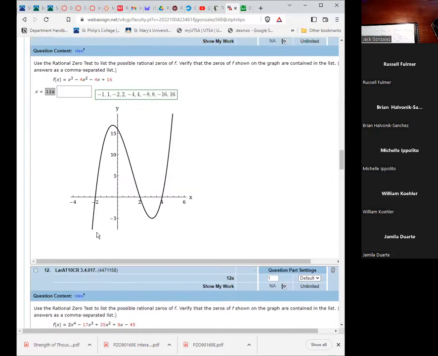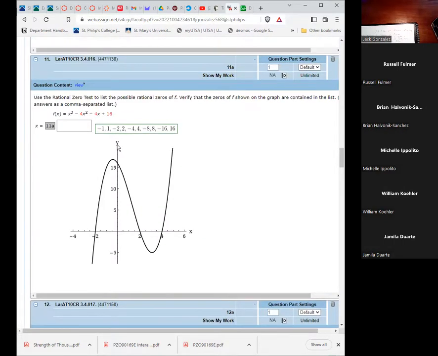So right here, they're just asking you, okay, what are the possible zeros? So I already showed you how to do that, right? So you look at the 16. What are all the factors of 16? Well, 1. And then you do the plus or minus 2, 4, 8, 16, right?